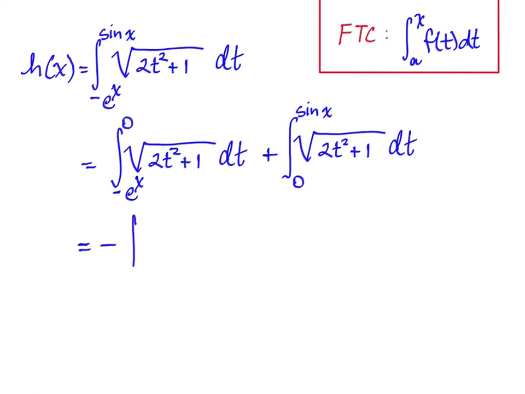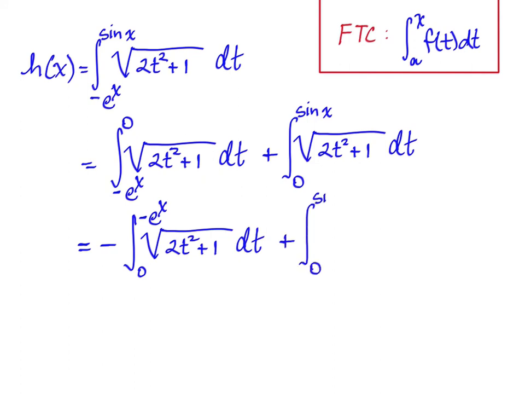So we're going to rewrite it as negative the definite integral from 0 to negative e to the x of square root of 2t squared plus 1 dt. And then the other integral, we'll just leave it alone and rewrite it. And now we're ready to use the fundamental theorem of calculus plus the chain rule on both of them.